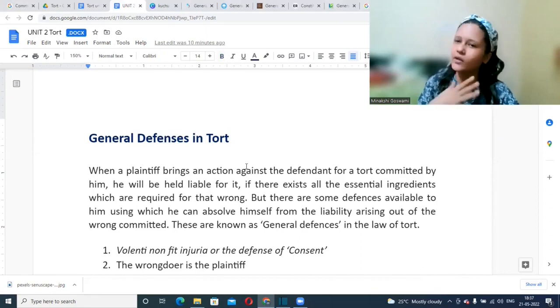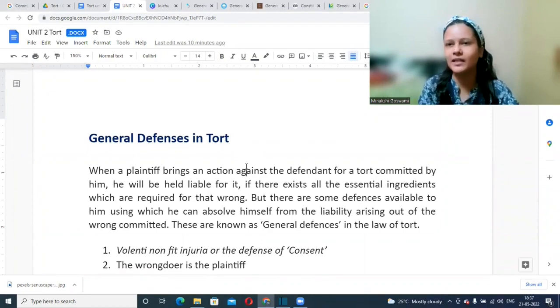He can say that, fine, there was act or omission, legal damage and legal remedy, but even after these three conditions are satisfied, I have something to say.